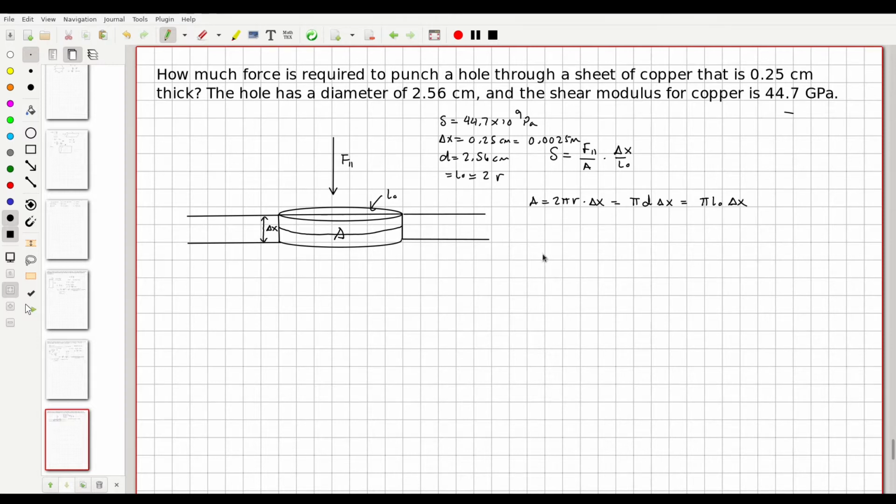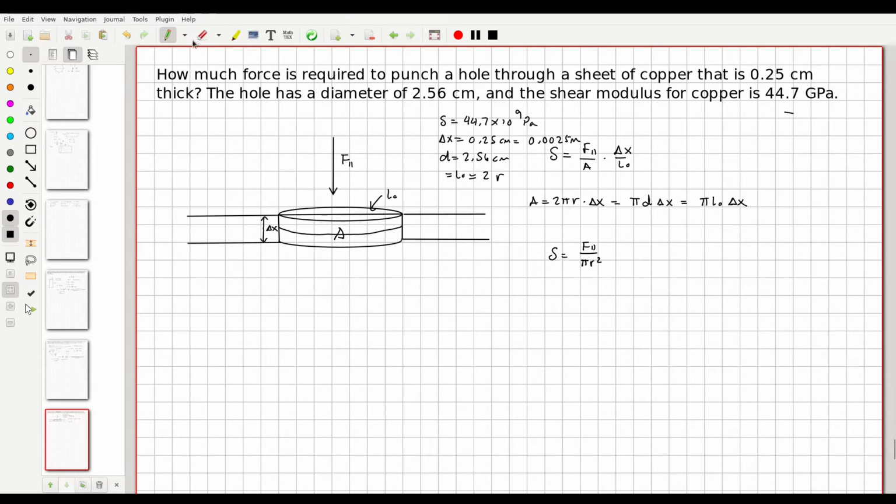Here we're looking for the force. So if we write our shear as F parallel, the force, over the area, I'm just going to write pi times r squared.